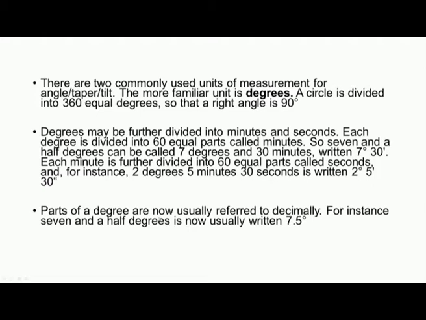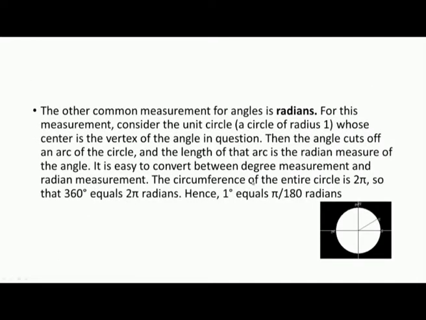Now, parts of a degree are usually referred to decimally. For instance, 7.5 degrees is usually written as 7.5 degrees. So, this indicates that it is 7 degrees 30 minutes. Now, the other common measurement of angle is radians. For this measurement, consider a unit circle, a circle of radius 1 unit, whose center is the vertex of the angle in question.